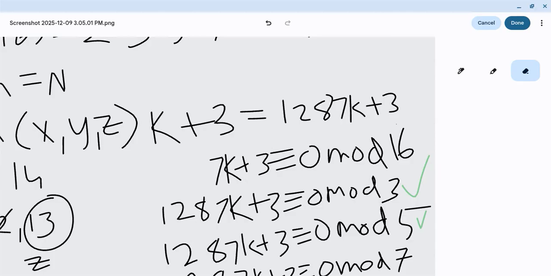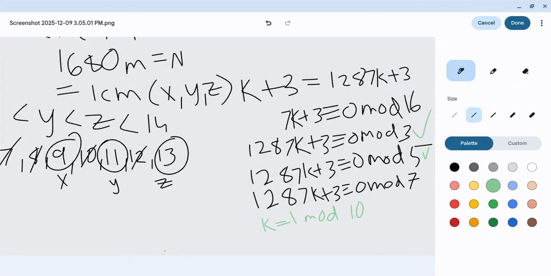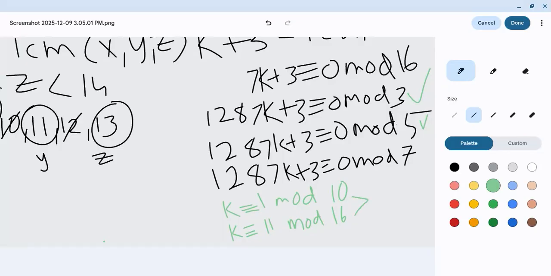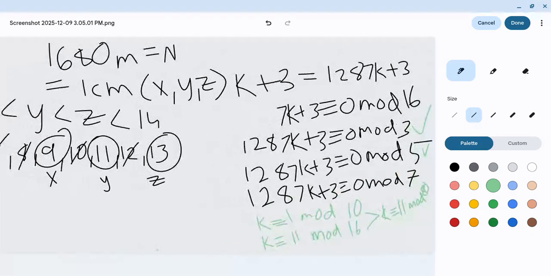While doing this, we get that the smallest value of k is k equals 11. So that means we have k is equal to 11 mod 16. Combining these together, we get k is equal to 11 mod 80. Okay, so we accounted for that.